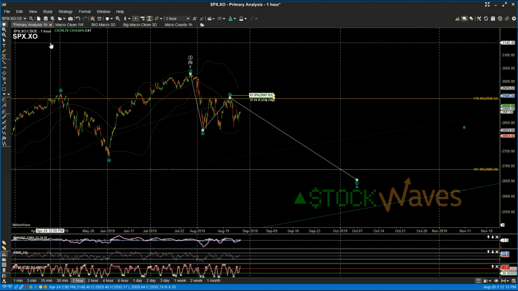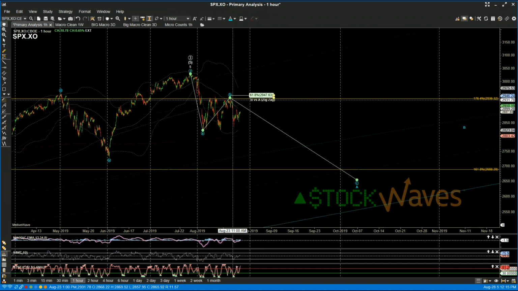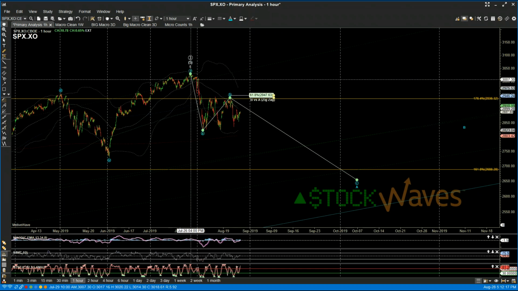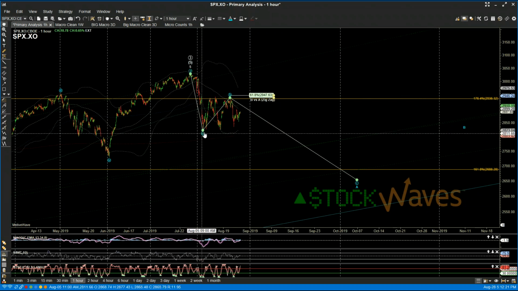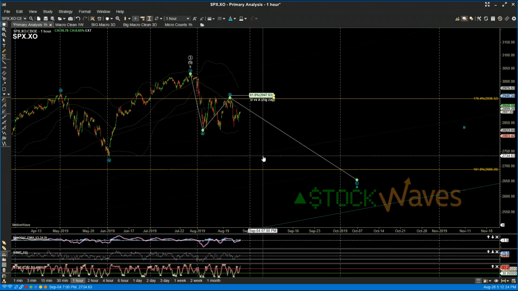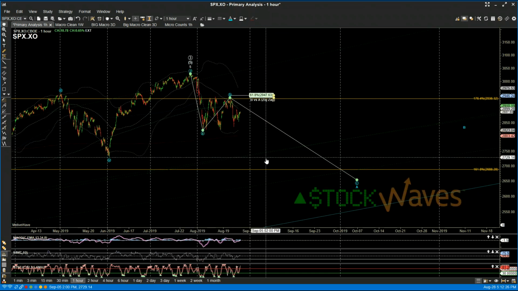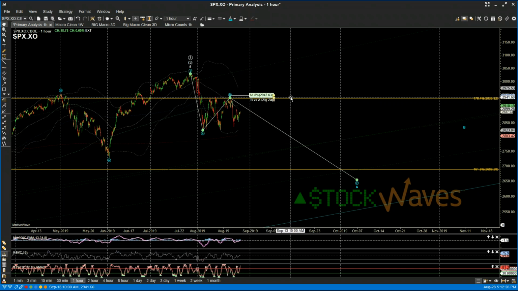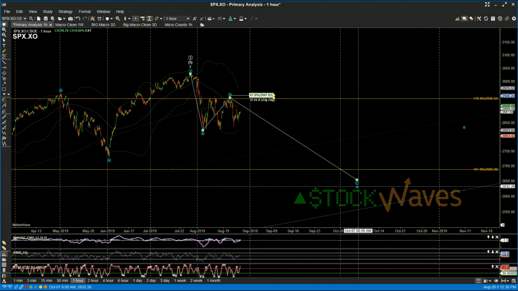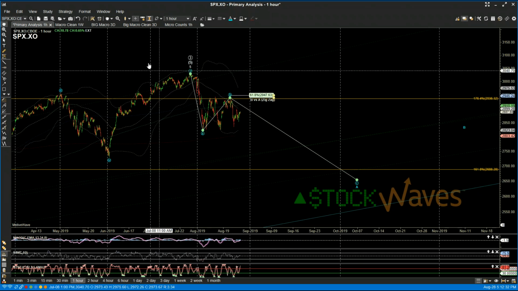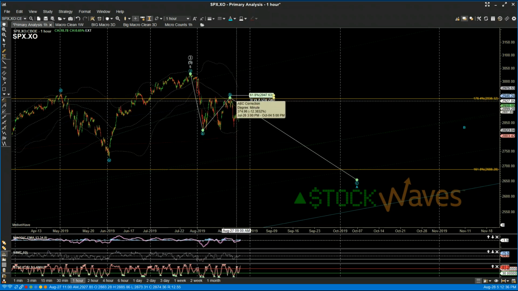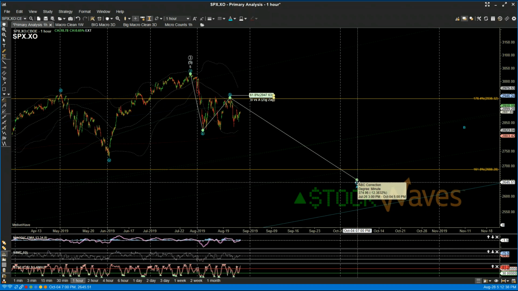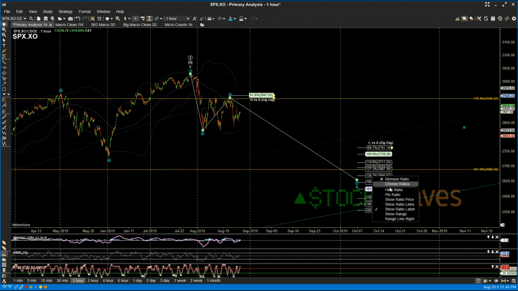You'll see when we jump over and look at the NASDAQ, I could count this as one smaller degree and say maybe this is a parentheses A and a B inside a slightly larger A wave here. So maybe we drop to here and get another bounce as a B wave and then come down for this A in the NASDAQ, whereas the S&P and maybe the Dow look more like this should just stretch more towards that ideal target.